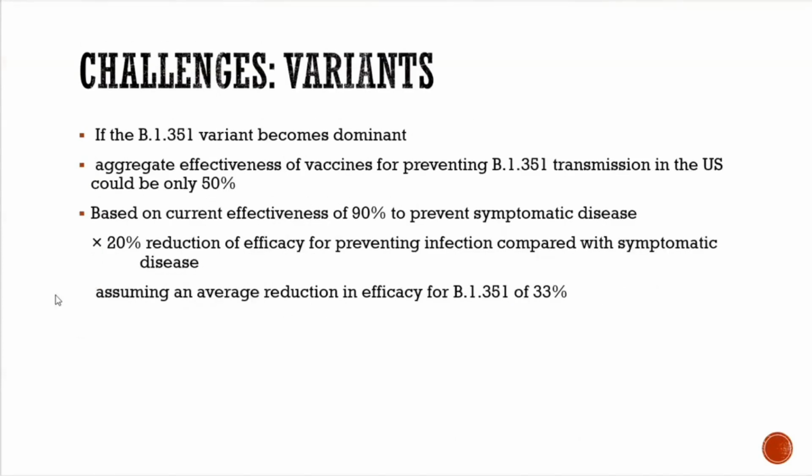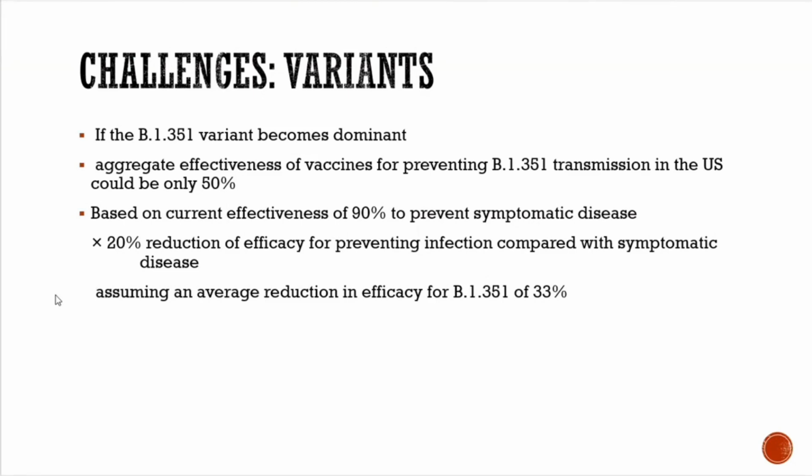So if we take this B1351 variant, for example, the South African variant, and say that this becomes a dominant variant. So the aggregate effectiveness of vaccines for preventing B1351 transmission in the US could be only as low as 50%, right?